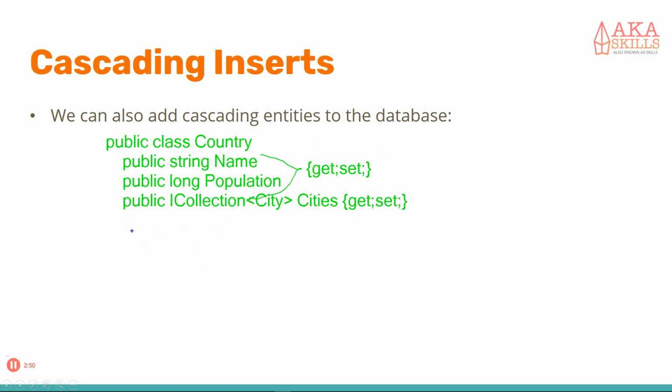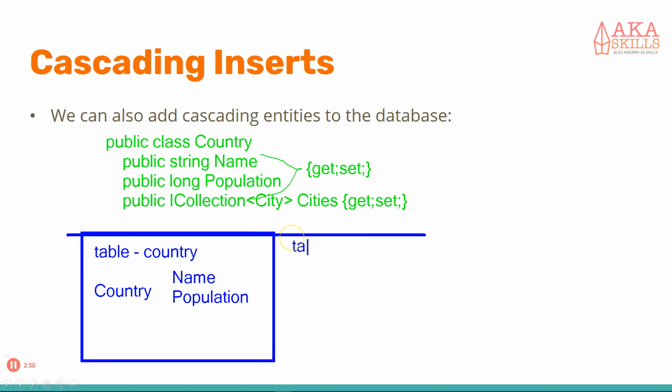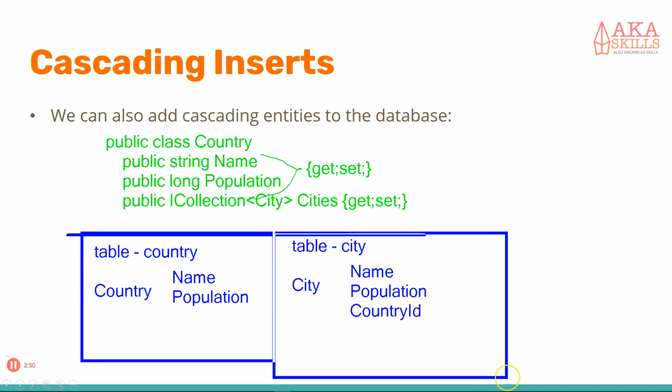How will this actually look in the database? Well, in the database you're going to have a table Country. This table Country will have properties like Name, Population, and let's say we'll have multiple cities. So this is a one-to-many relation. After that, we're going to have a table City, and this City will have, let's say, Name, something else, Population can have as well, and here you got CountryId.